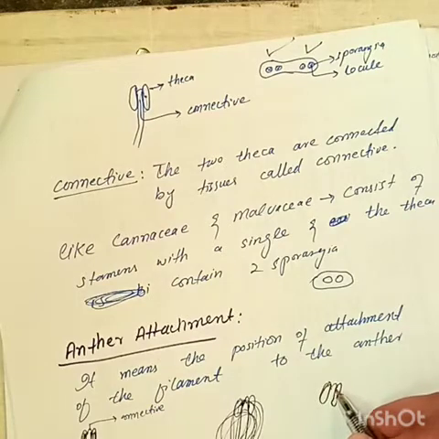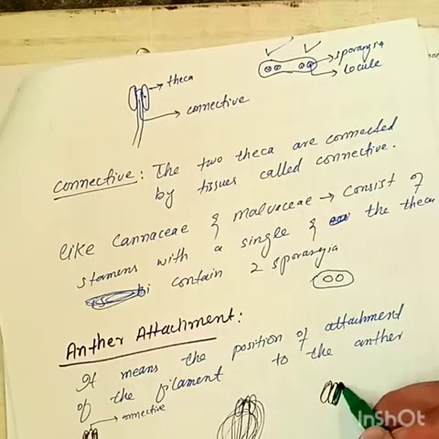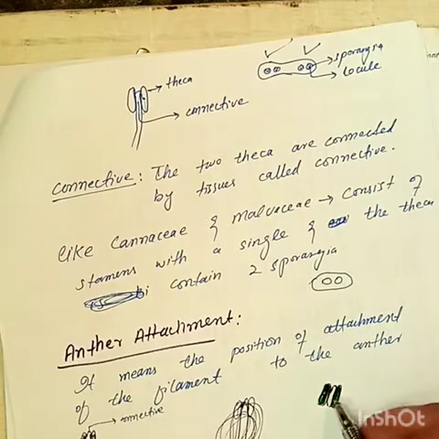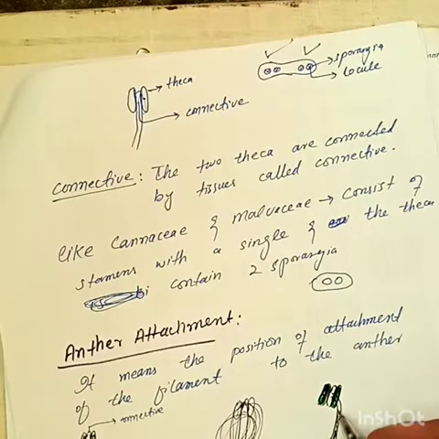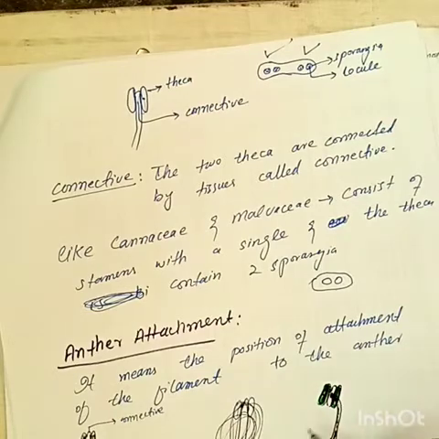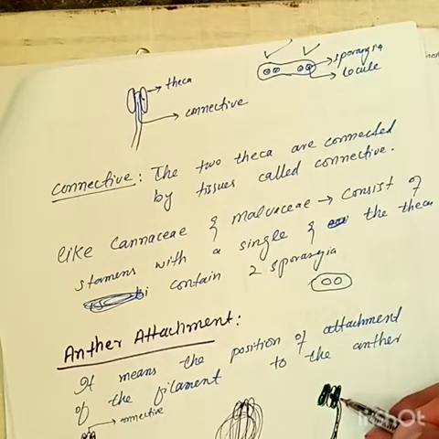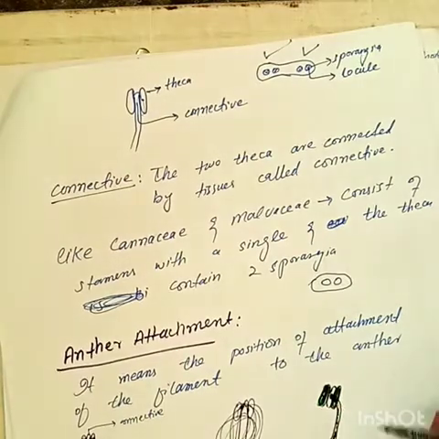If this is the connective and these green ones are the theca, the two lobes, now the filament will attach with the dorsal side. This is the filament attached to the dorsal side. So this is dorsi-fixed. One is the ventral side and the other one is the dorsal side. Dorsal side means back side.